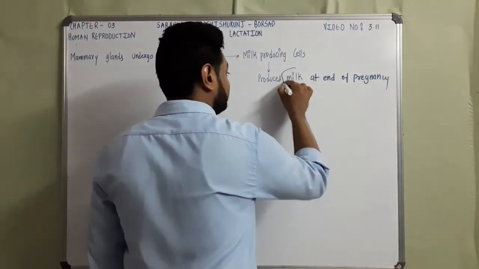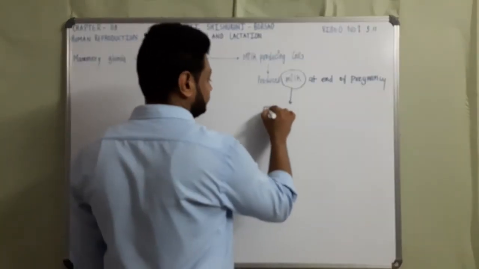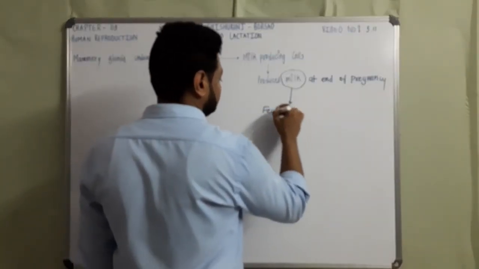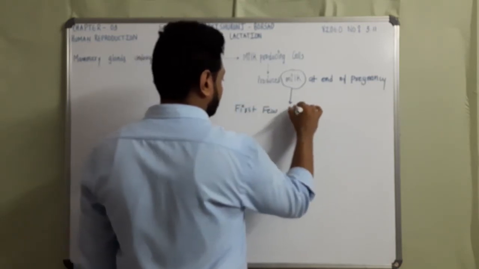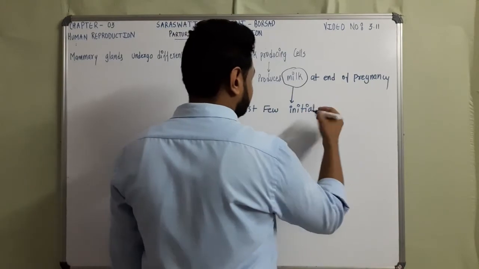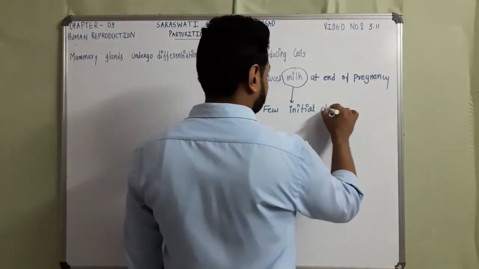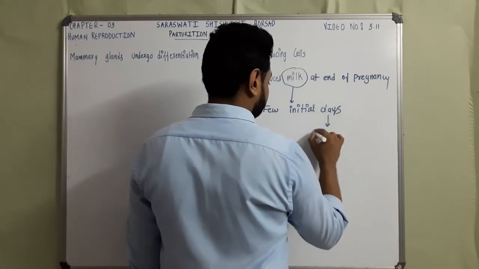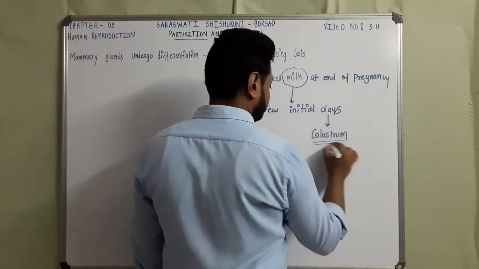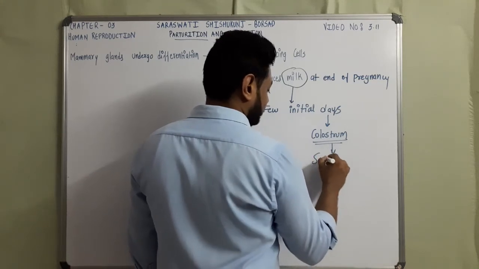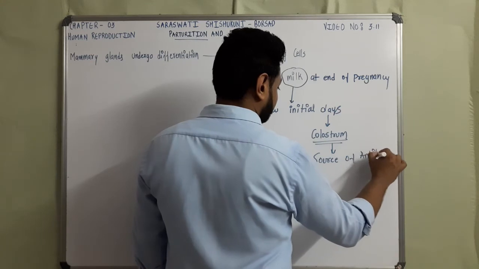Now this milk is very important. In the first few initial days, the milk has a yellow color and is called colostrum. This colostrum is a source of antibodies, primarily IgA.